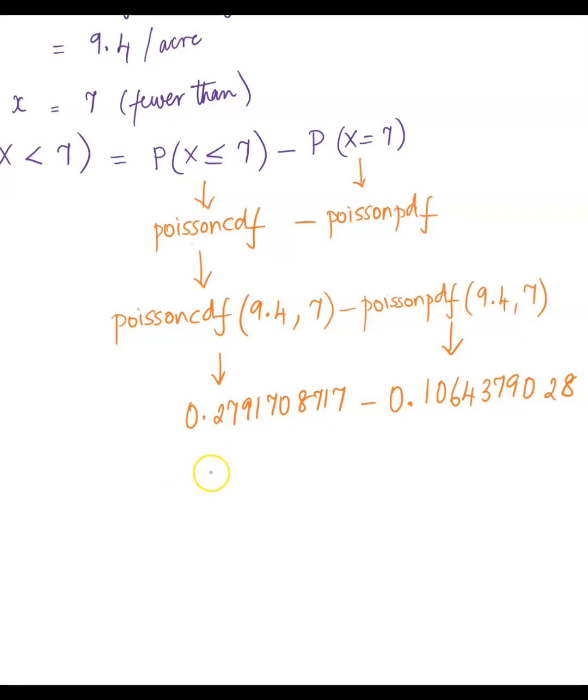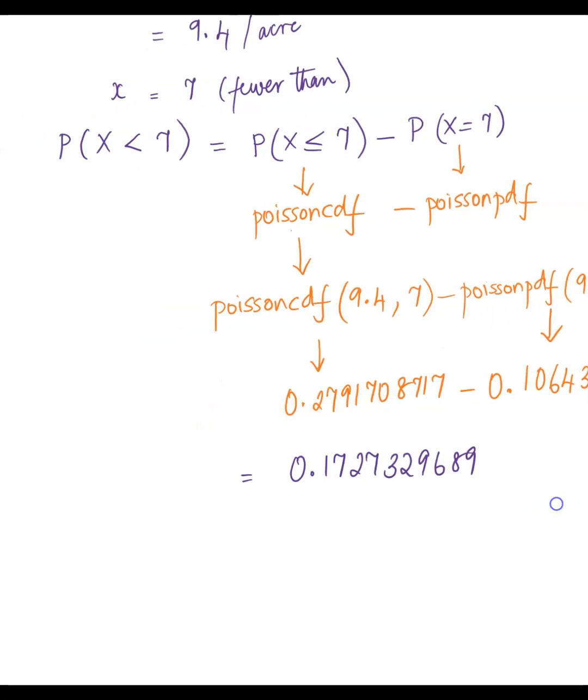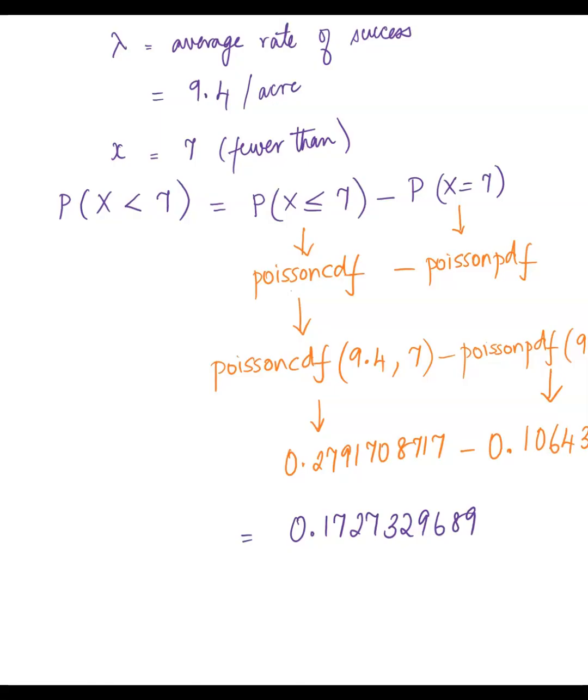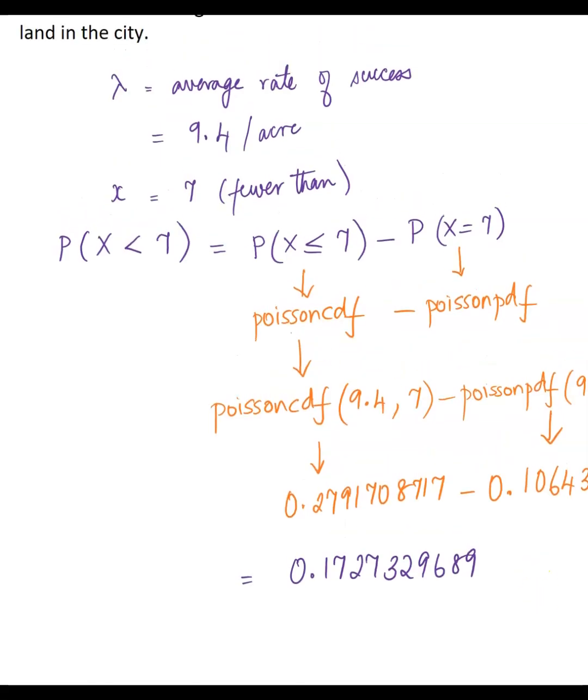And the result of these two came out to be 0.172782968. This is what your calculator will give you. You can always round it, of course, to the number of decimal places specified. So when it is strictly less than, we have a combination of CDF and PDF in our calculation.